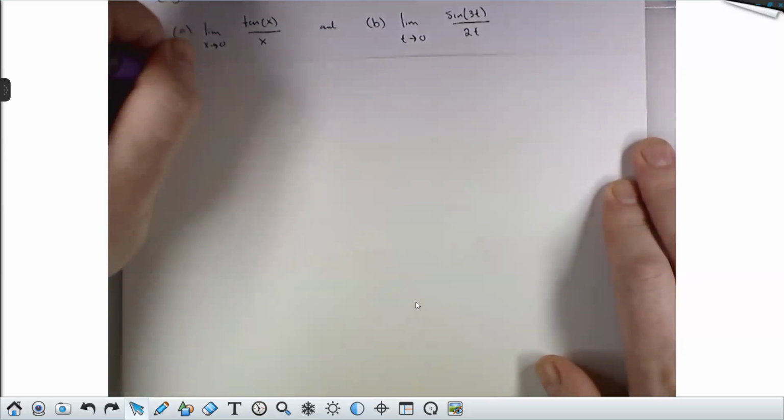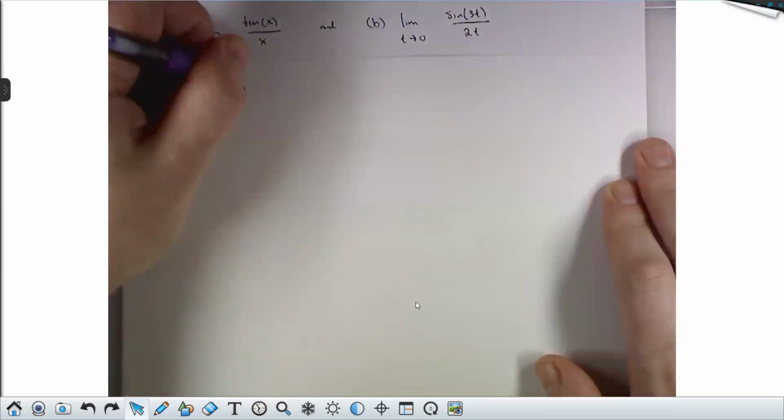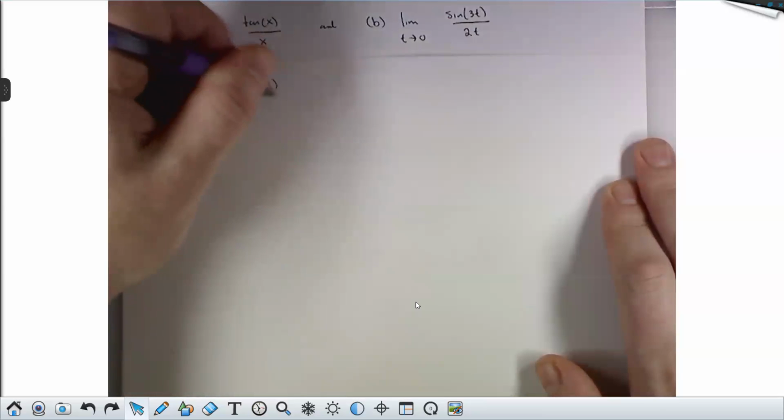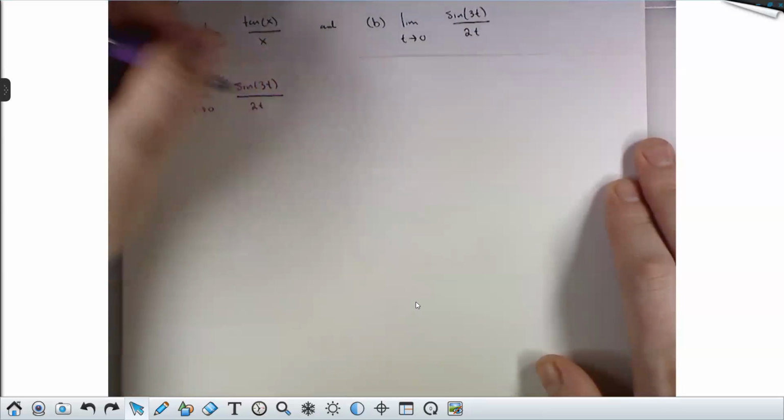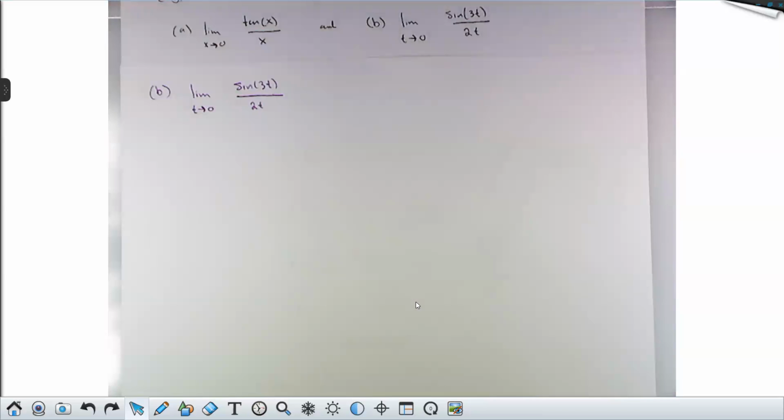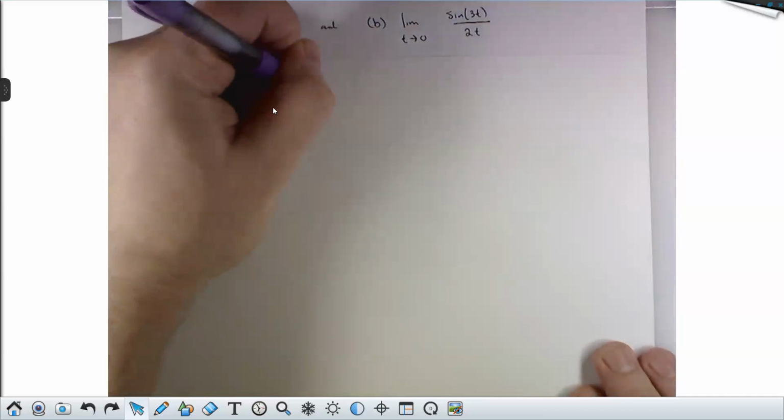So here we have the limit as t goes to 0 of sine of 3t over 2t. And this kind of looks like sine x over x, right? If this was just sine t over t, that would be 1. But it's not. So here's how I would handle this.